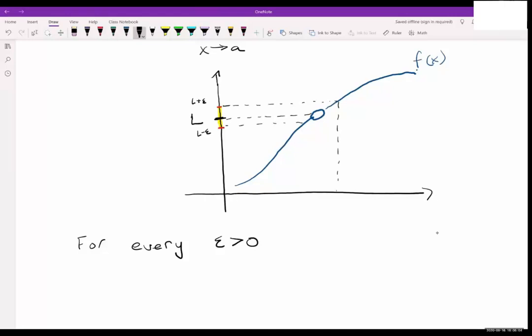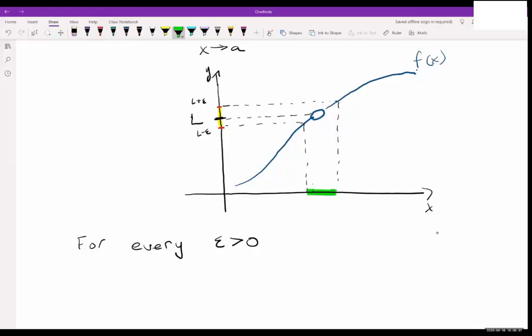If I go straight across from those, and then down, and straight across here, and then down, we end up with a little neighborhood on the x-axis, which I'll do in green. And as epsilon gets smaller, meaning as the red little hash marks get closer to L, the yellow region gets smaller, and subsequently what happens to the green region?